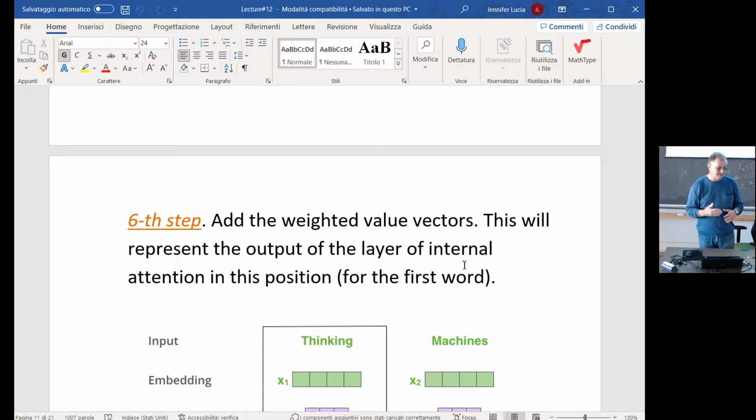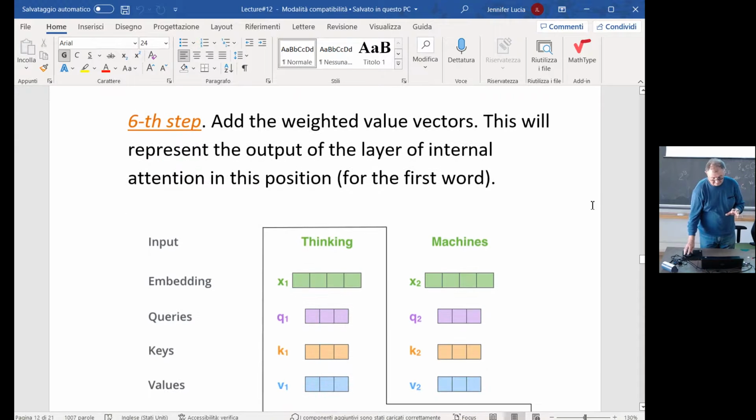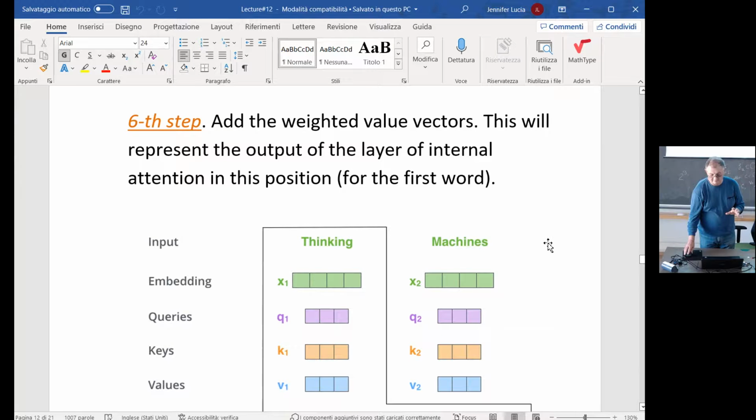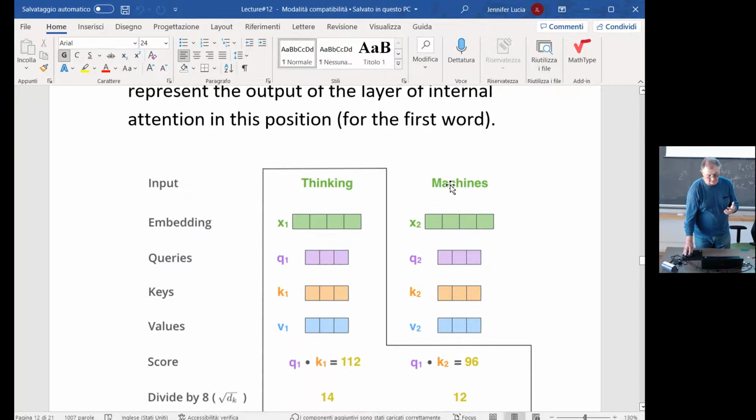We have some other truncation in the procedure of this transformer architecture. So, sixth step, add the weighted value vectors. This will represent the output of the self-attention layer in this position for the first block.